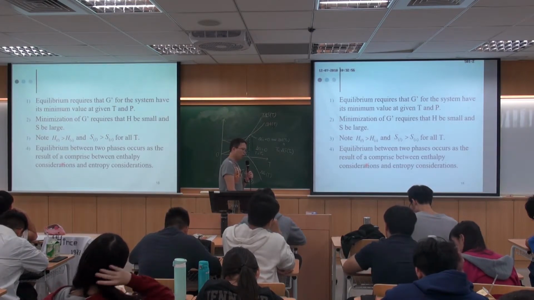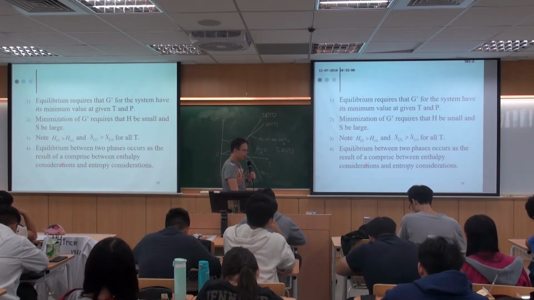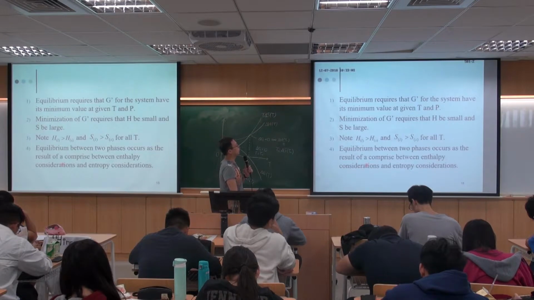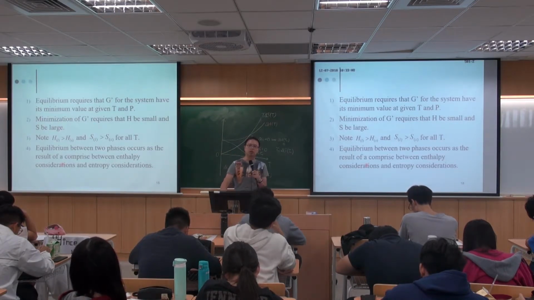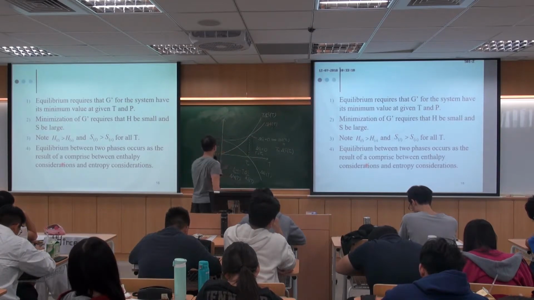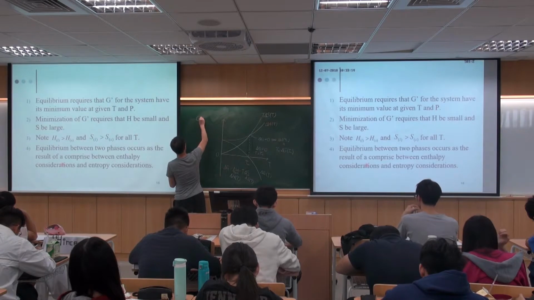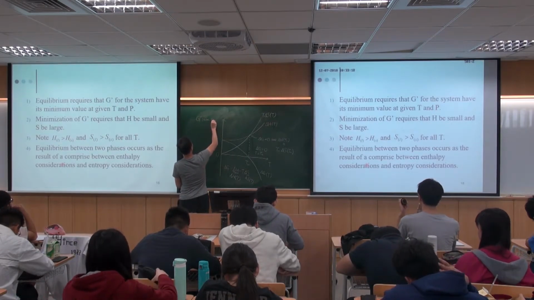So this part of the textbook seems to be complicating and confusing because sometimes it is using G prime as your measure, sometimes it's using delta G. So what's the difference between these two? If you're using G prime, this is the total Gibbs free energy.